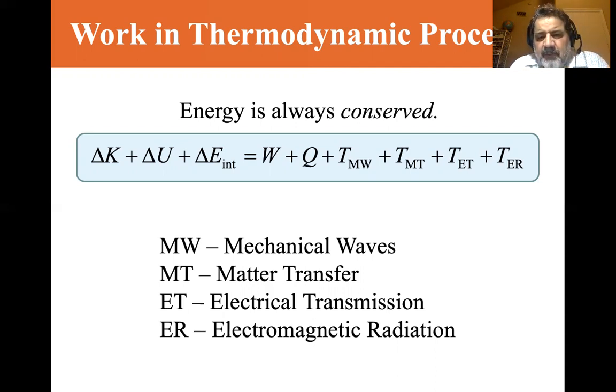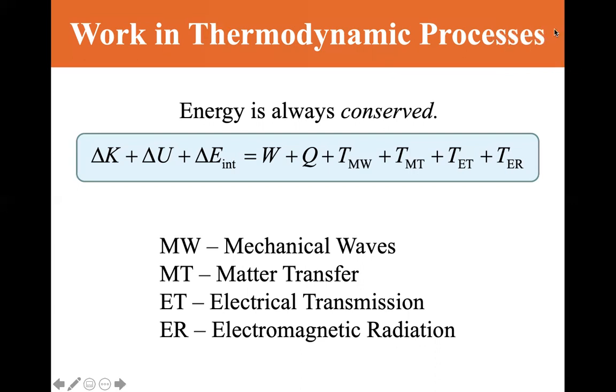We're going to concern ourselves with two of these transfers, matter transfer and electromagnetic radiation, and of course work and heat. Let me minimize this so that I don't interfere with any of the text that appears on the slides.